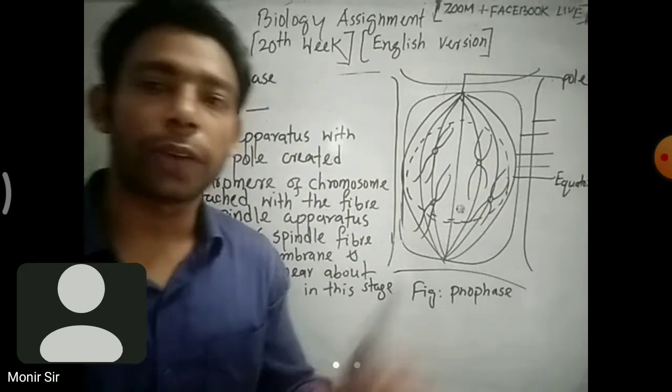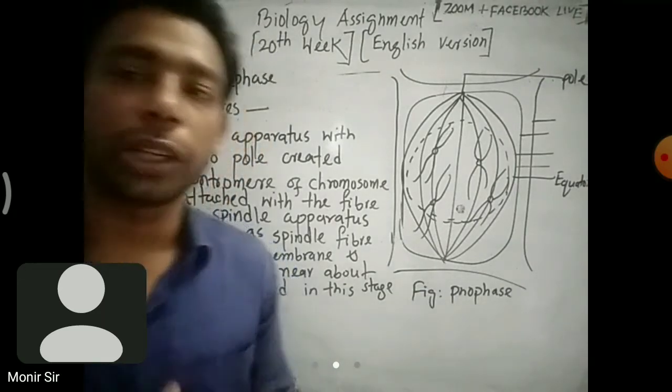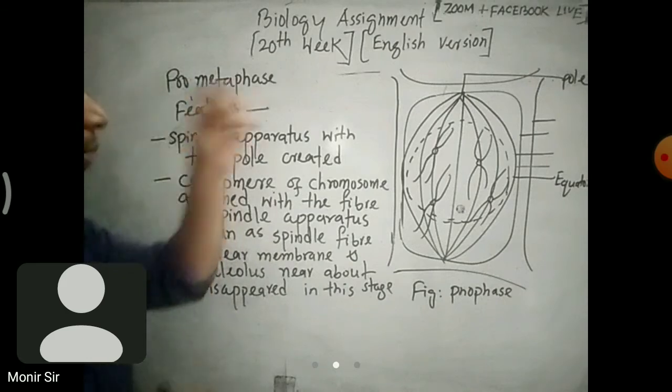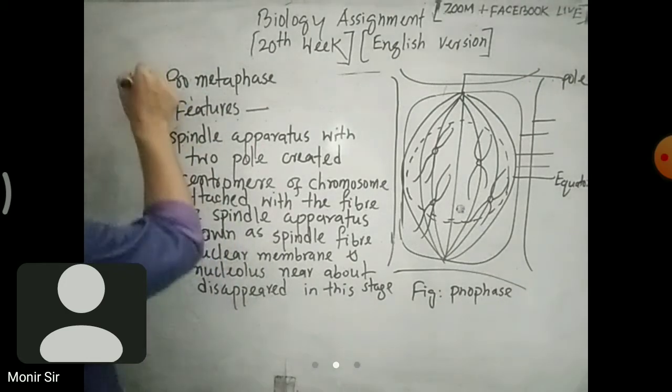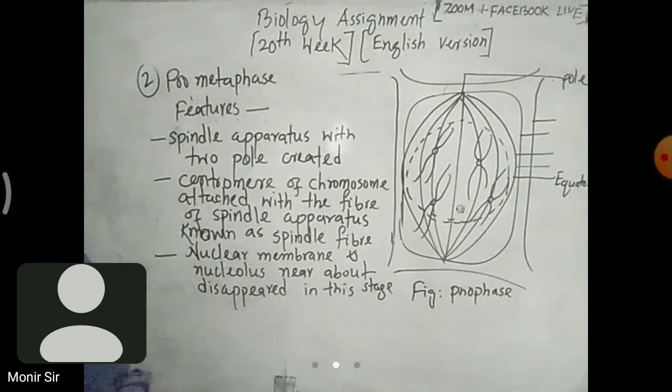So three features, finding some important features from each and every stage of the biology cell division. So it is better to have written in there.